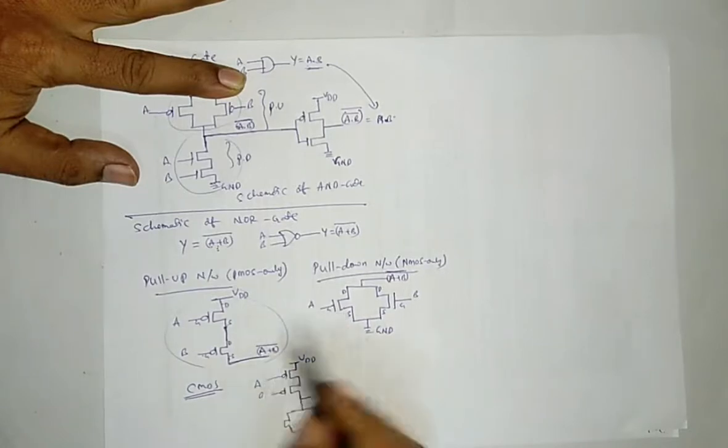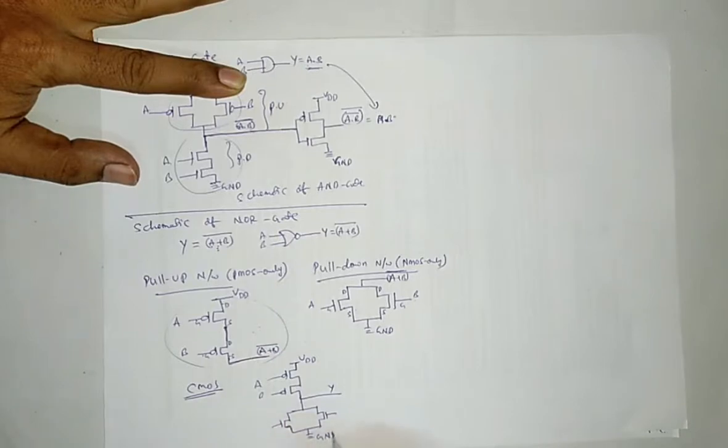Simply I am clubbing these two networks here, that's it. Ground, A, B. So here you will get (A or B) whole bar.